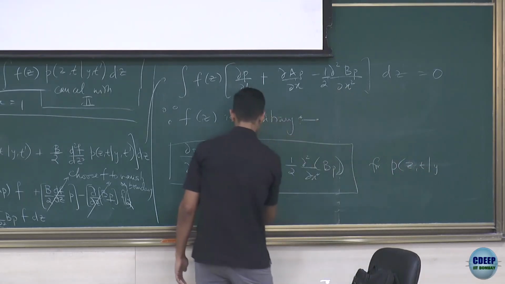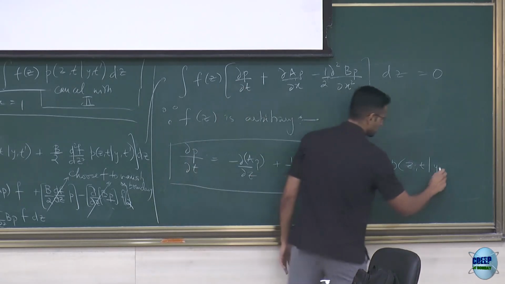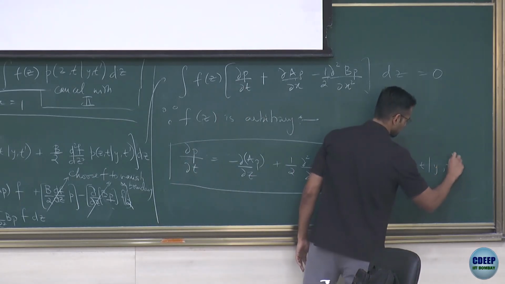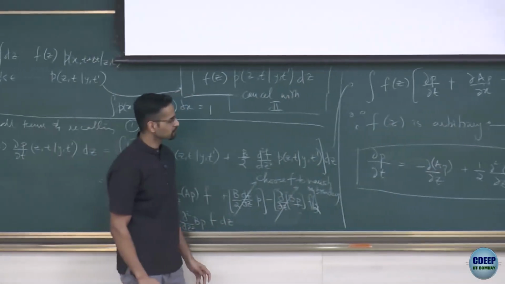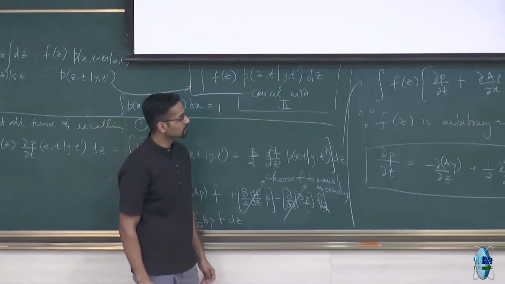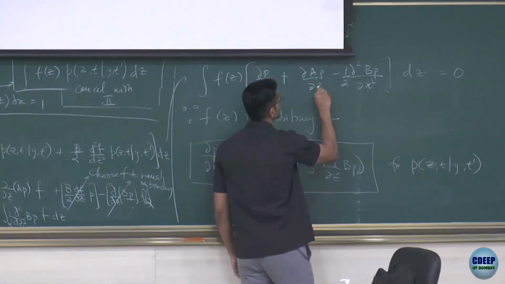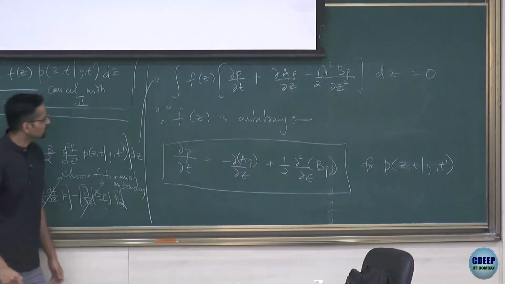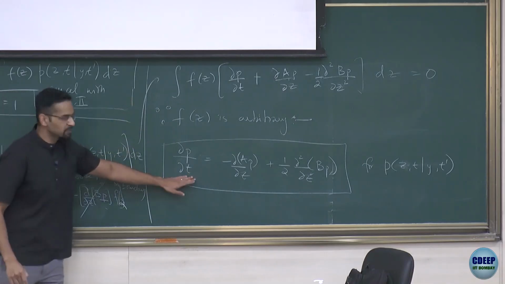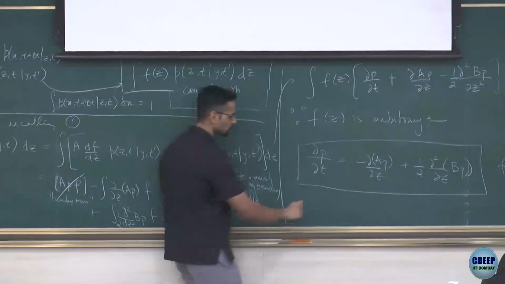Did I put x everywhere? Sorry, z. Given that I'm at y at t prime. Okay, that's what we have derived. Sorry, z. Yeah. Thank you. Okay, so f of z is arbitrary, so this must be 0, which gives me a differential equation. So this is the Fokker-Planck equation.